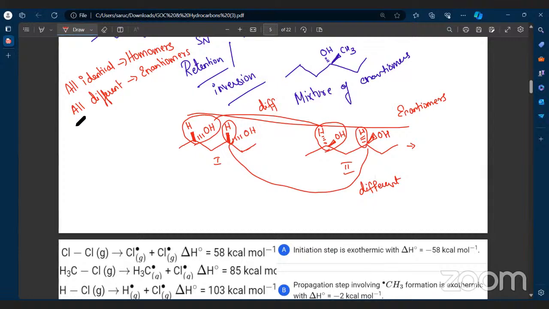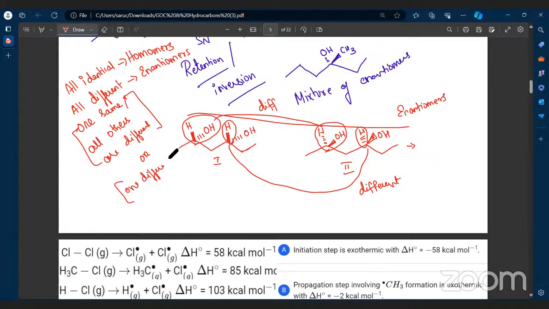If you have one the same and all others different, or the inverse, one different and all others the same, these are said to be diastereomers.